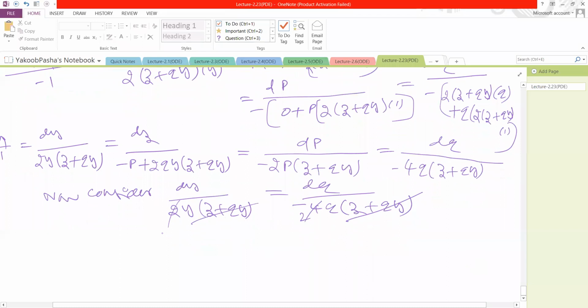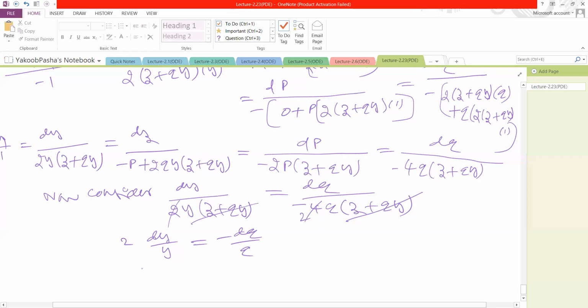Okay, we can write this as 2 into dy by y is equal to minus dq by q. So by integration we get 2 log y is equal to minus log q plus an arbitrary constant, say a.